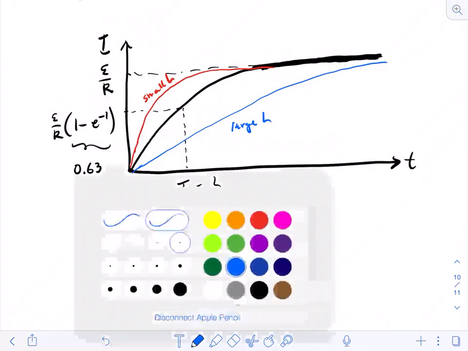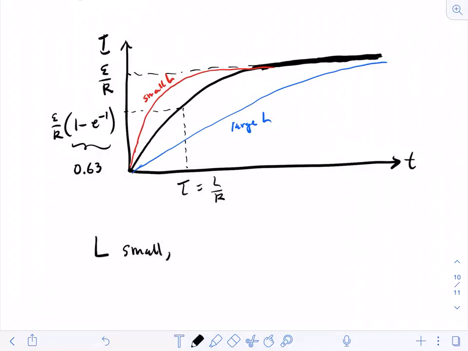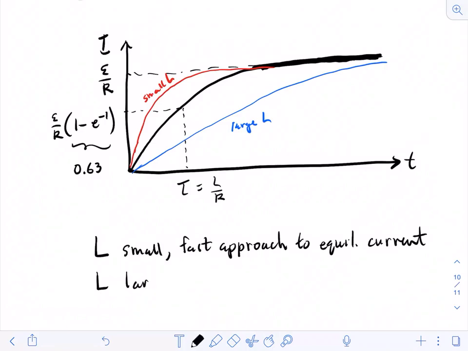So small L means a fast approach to equilibrium current, and a large L is a slow approach to equilibrium current.